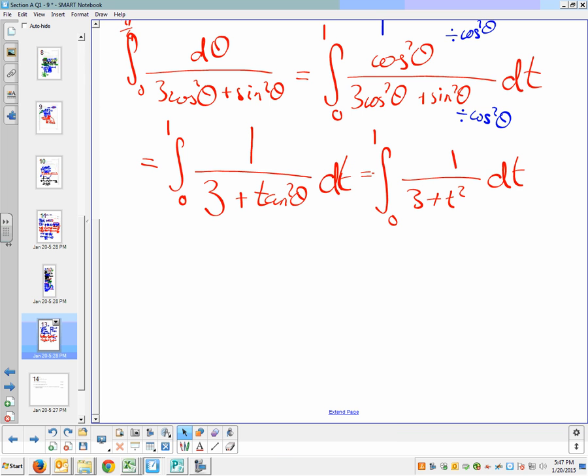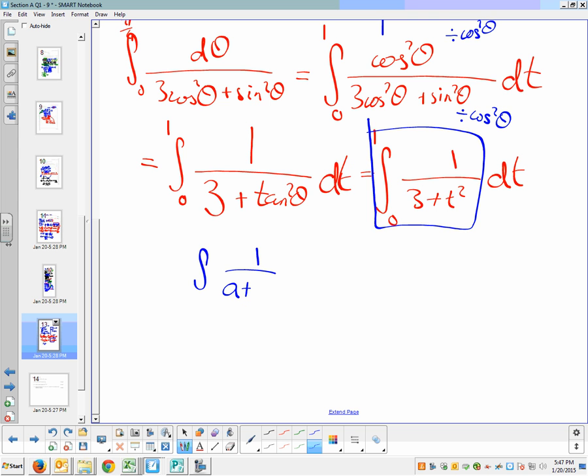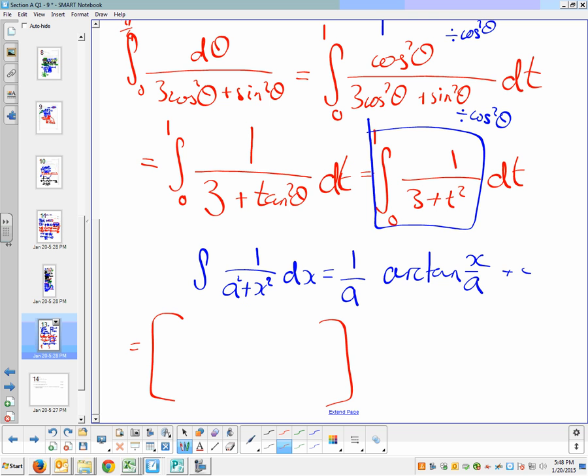And this integral is of the form the integral of 1 over a plus x squared dx, which is in your formula booklet. Actually, I think it's written like this in the formula book. I haven't got the formula booklet open today, so you'll have to double check this yourself. But I believe that's 1 over root a arctan x over root a. In our example, there won't be a plus c because it's a definite integral.